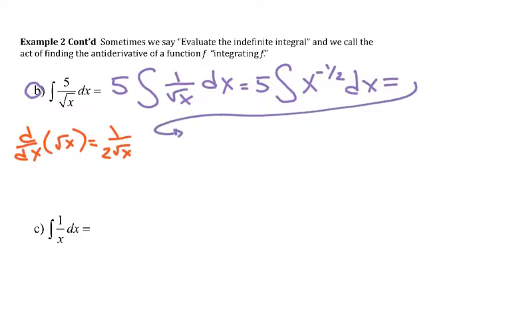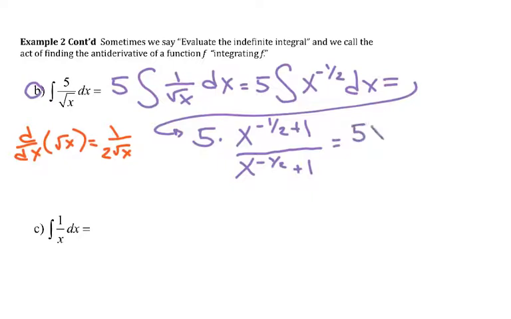So this is equal to 5 times x to the negative 1/2 plus 1 divided by negative 1/2 plus 1. And we're going to add the plus c, but I saved that for the end. So what does this really look like? Well, this would be 5 times x to the 1/2 divided by, oh dear, mistake.